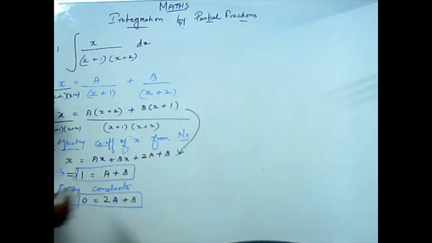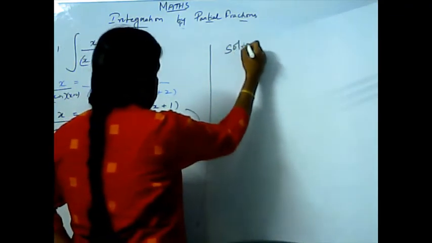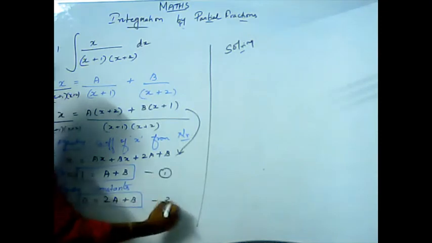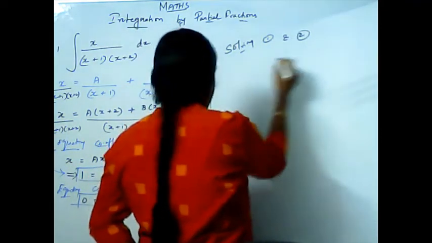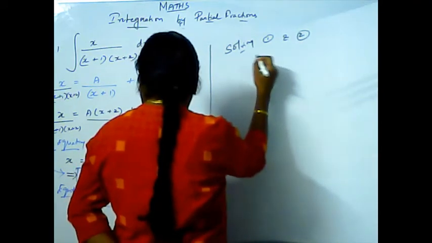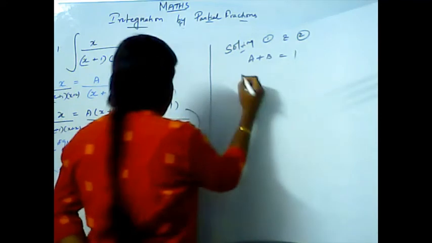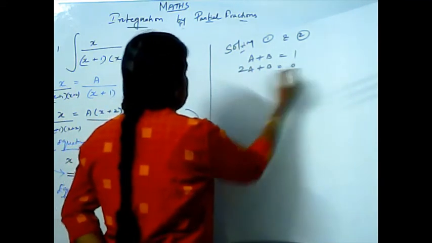Then what can you do? Solving these two equations: A plus B is equal to 1 and 2A plus B is equal to 0.